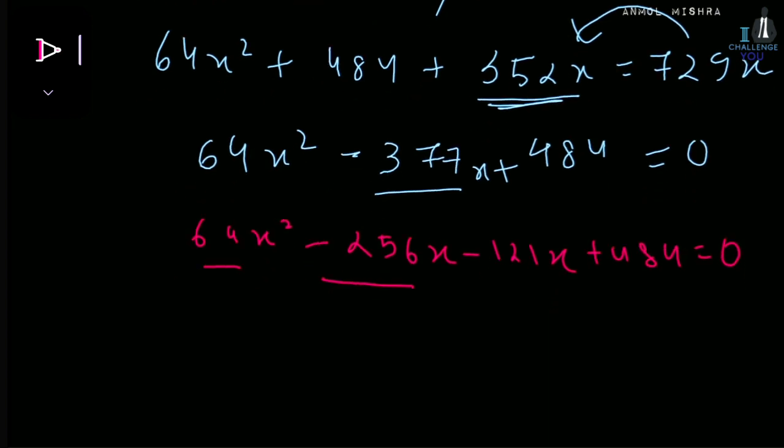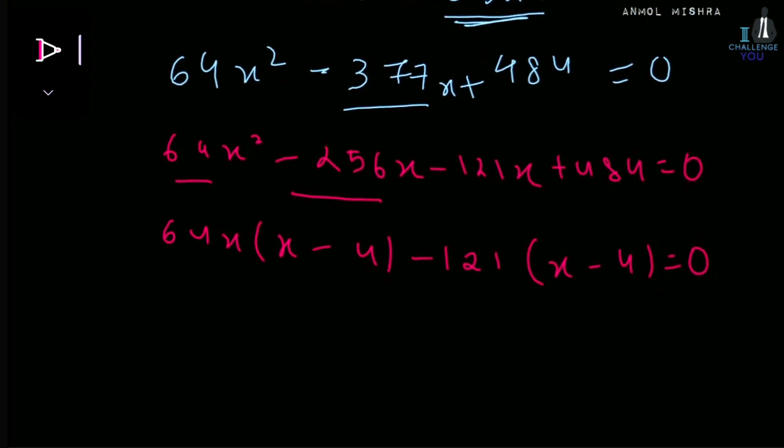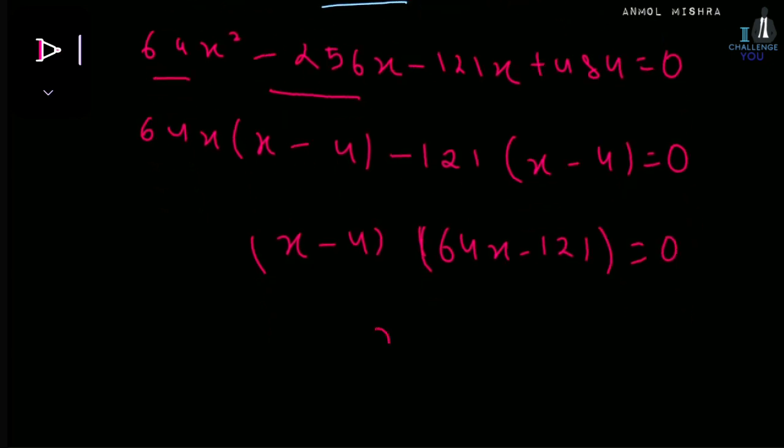Taking 64x common from the first two, we get x minus 4, and taking minus 121 common from the last two, we get x minus 4, equal to 0. So we obtain x minus 4 and 64x minus 121 equal to 0. From here x is either 4 or 121 by 64.